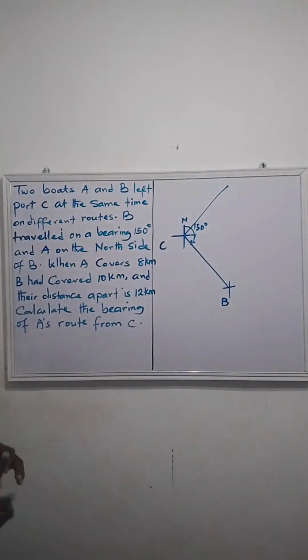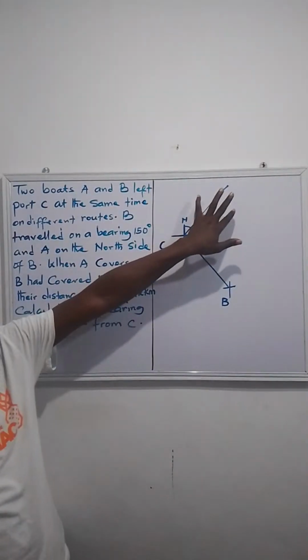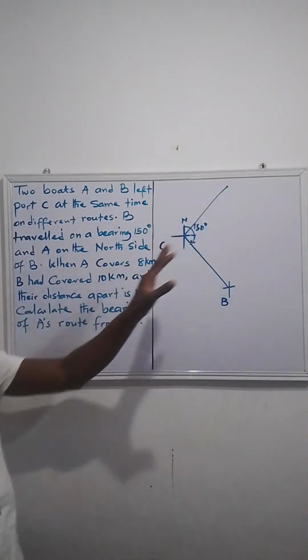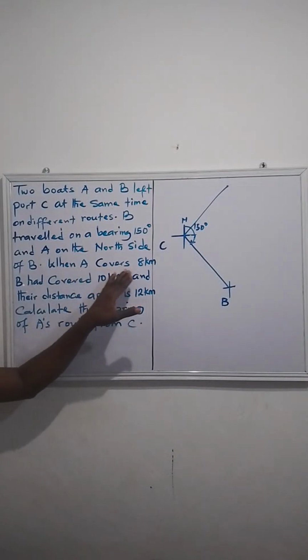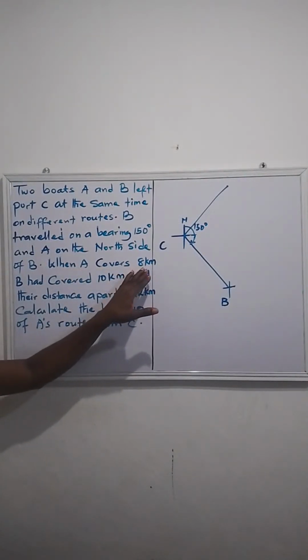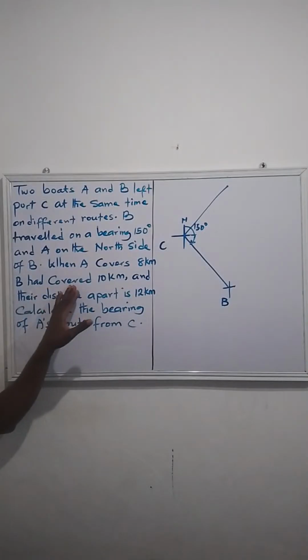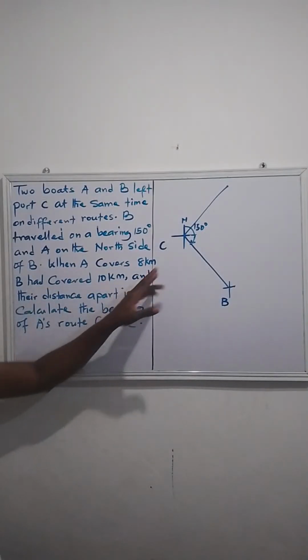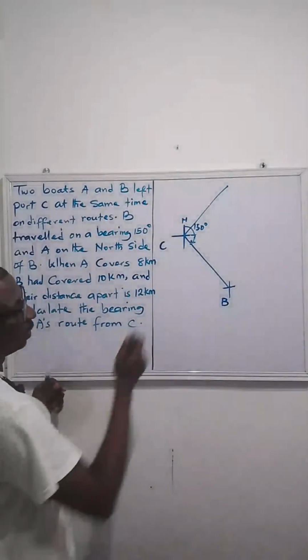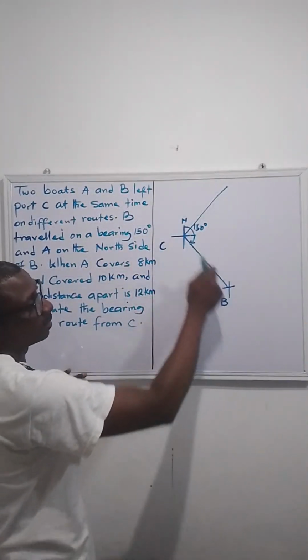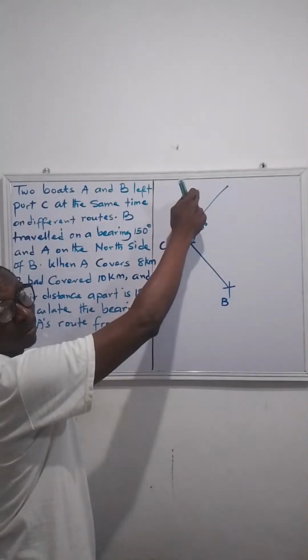But now we don't know how far A has moved, so let's read further. When A covered 8 kilometers, B had covered 10 kilometers. So that means B will travel longer than A. So in our drawing, this length must be longer than this one for A.